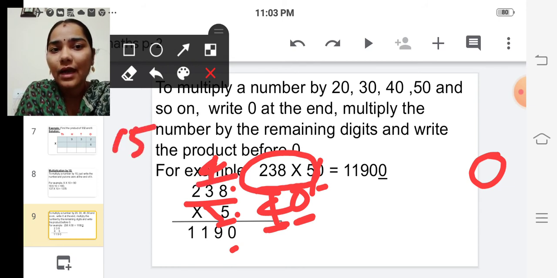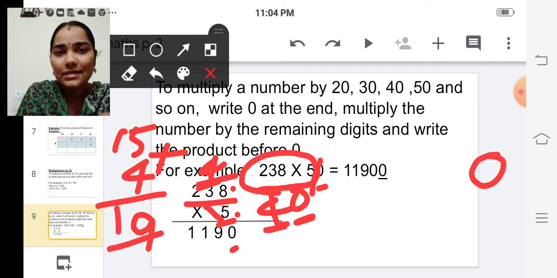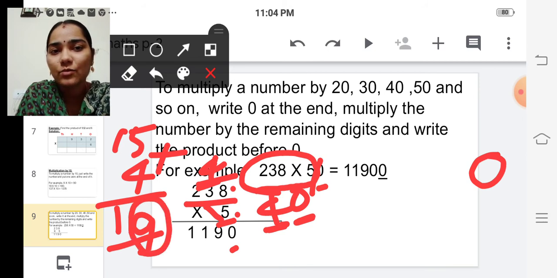And we have to add this carried over number 4. So 15 plus 4 is 19. So again we are getting a 2-digit number, isn't it? So we have to write this ones digit in the answer, and we have to carry over this 1 to the next place.